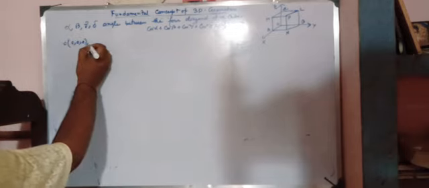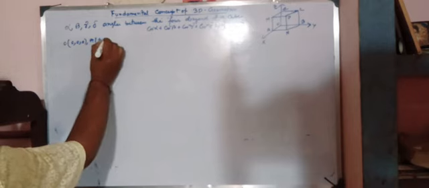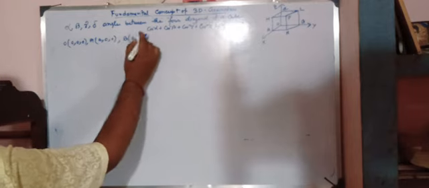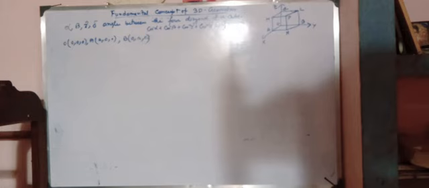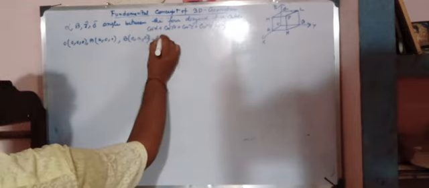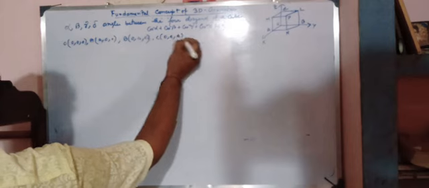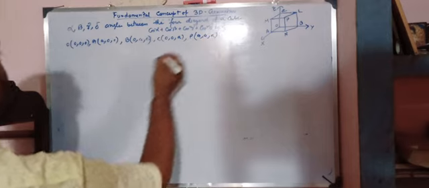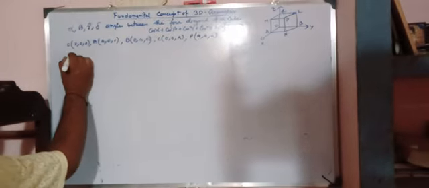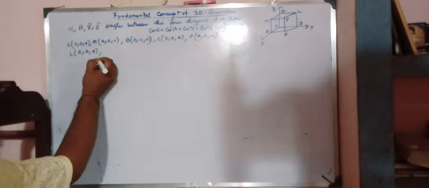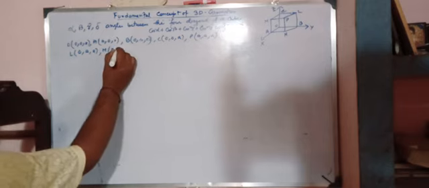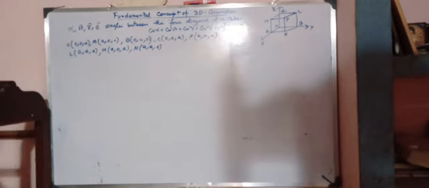Coordinate of A is A, 0, 0. Coordinate of B is 0, A, 0. Coordinate of C is 0, 0, A. Coordinate of P is A, A, A, coordinate of L is 0, A, A, coordinate of M is A, 0, A, and coordinate of N is A, A, 0.